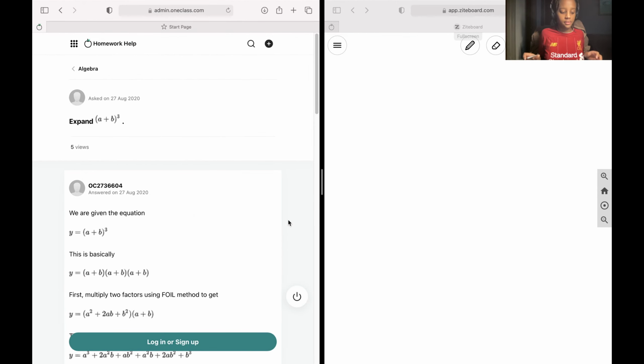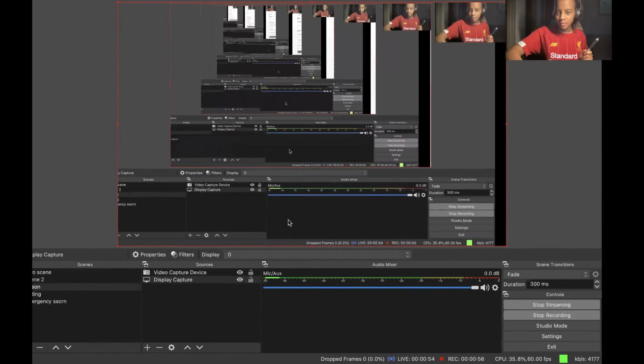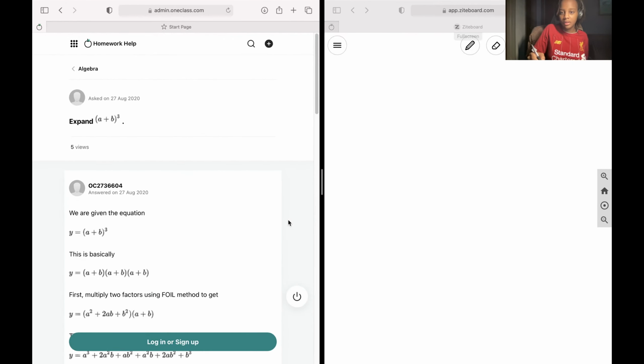Okay, let's get started. So for our first question, we're going to want to expand (a + b) cubed.